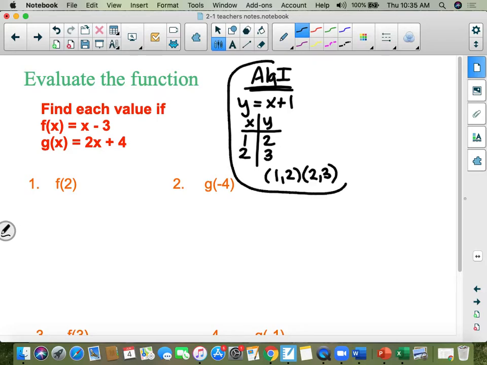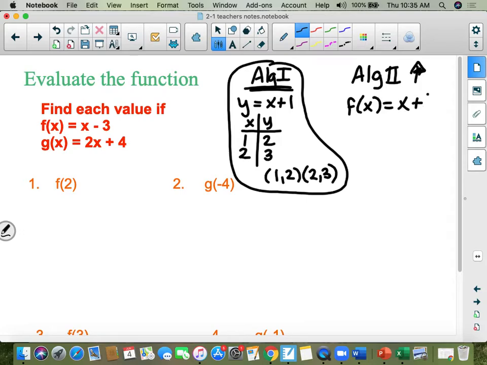Okay, now, Algebra 2 and up, Algebra 2, pre-calc, college algebra, calculus, all those high-level math classes, we don't use y. We say that it's f of x equals x plus 1.